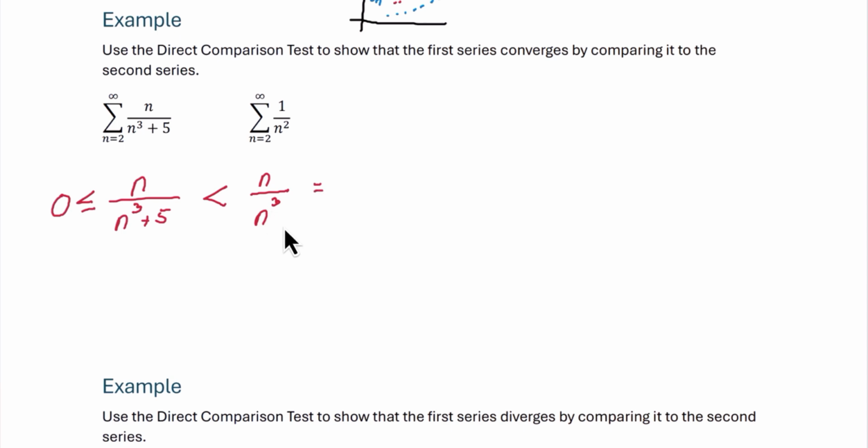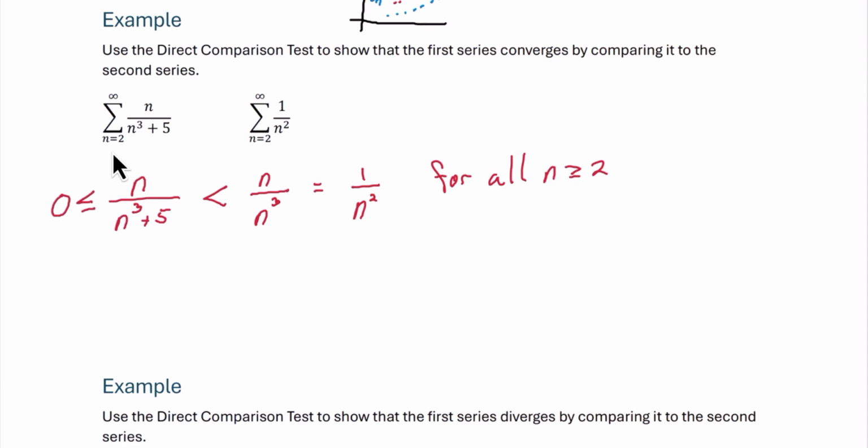And now let's reduce the n's. This is 1 divided by n squared. So we have this fraction less than this fraction, and that's going to be for all values of n greater than or equal to 2, since we're starting our series at 2.